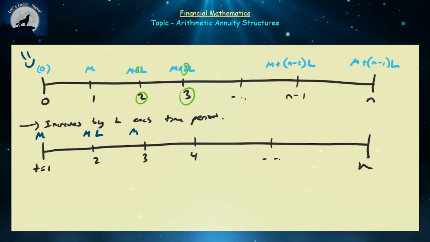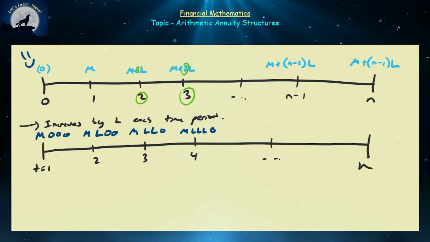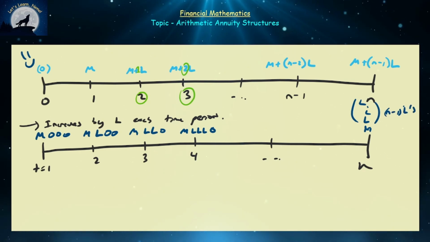We have an m, another L, and then another L. Or technically you could look at that as 0, 0, and then 0. And then we have, for example, at time t equal to 4, m, L, L, L, and 0, 0, 0, and 0. And over here we have m with a bunch of L's on top. And how many L's do we have? We obviously have n minus 1 L's.